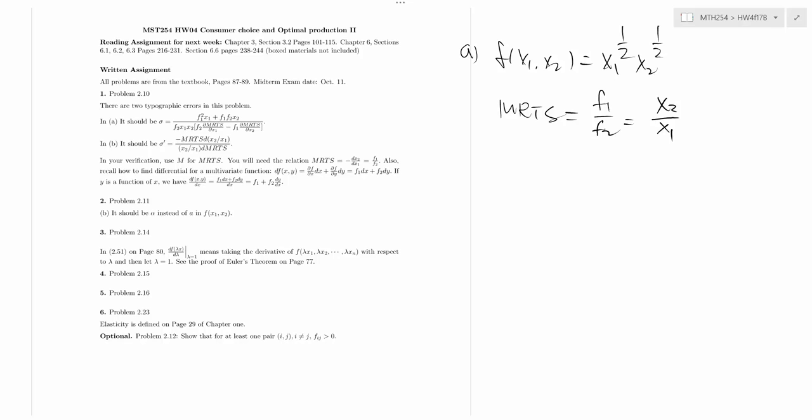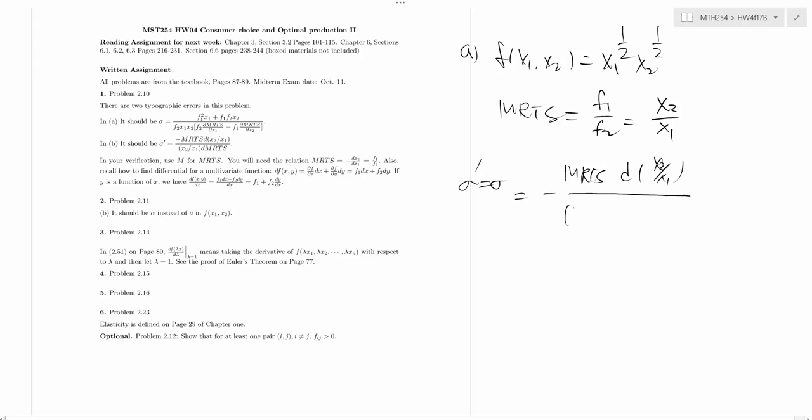Let's try to use the formula of sigma prime, because we know this is the same thing as sigma, right? But the formula over here is negative MRTS and d of x2 over x1, over x2 over x1 and d MRTS. Now, what is our MRTS? It's simply x2 over x1.